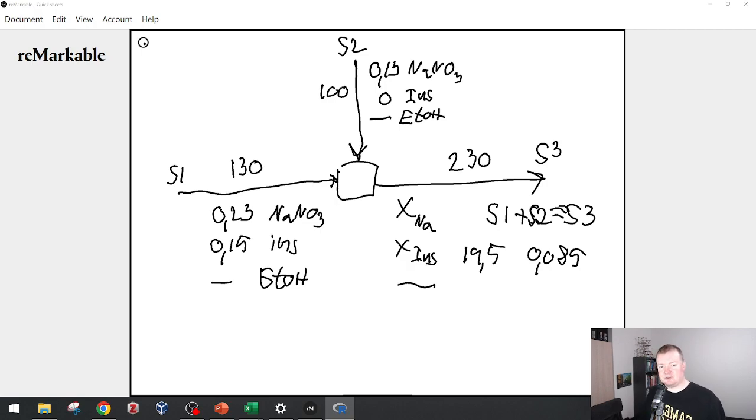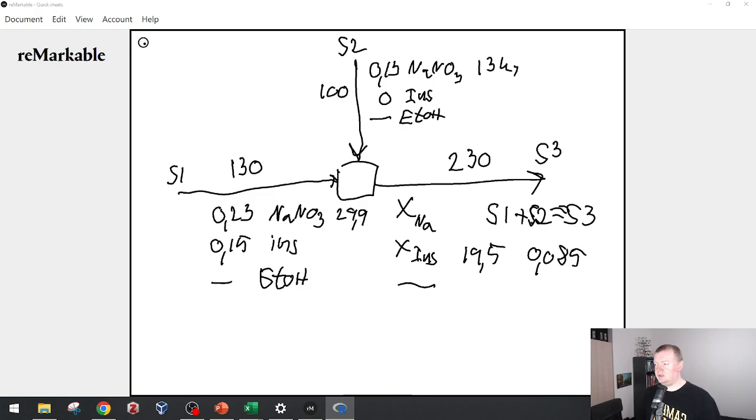I can do the same for sodium nitrate. 23% from this stream, so 0.23 times 130. So I have 29.9 kilograms entering in that stream. In the other stream, I have, that must be 13 kilograms.